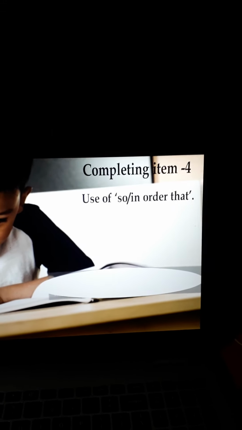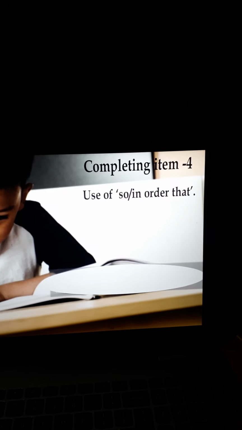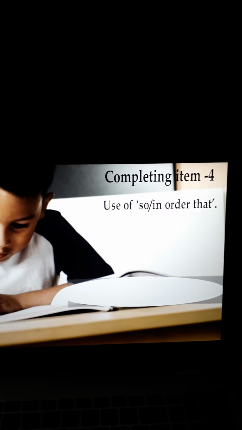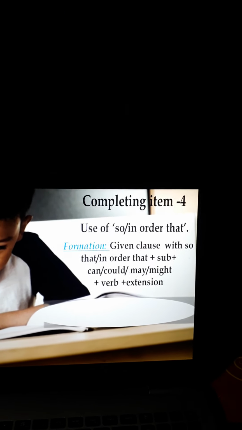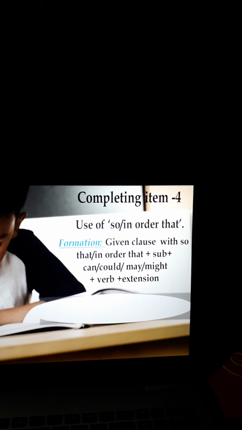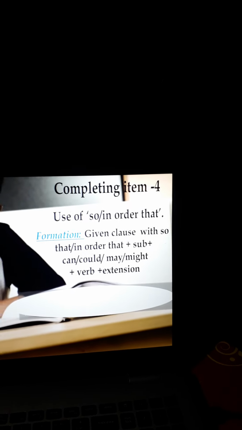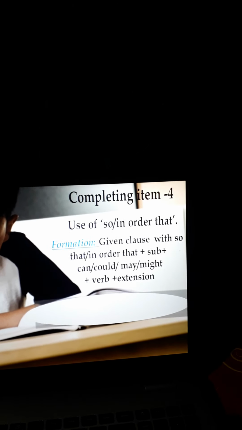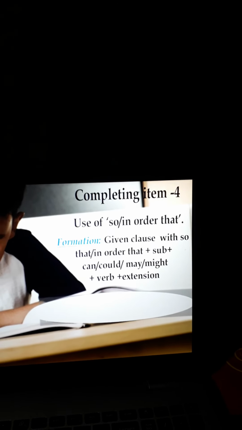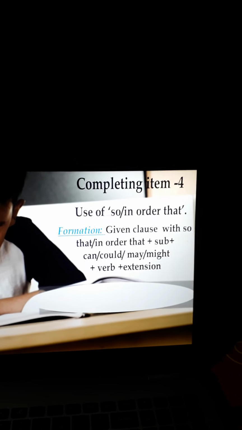Completing item 4. Use of so that or in order that. Formation: given clause with so that or in order that plus subject plus can or could or may or might plus verb plus extension.